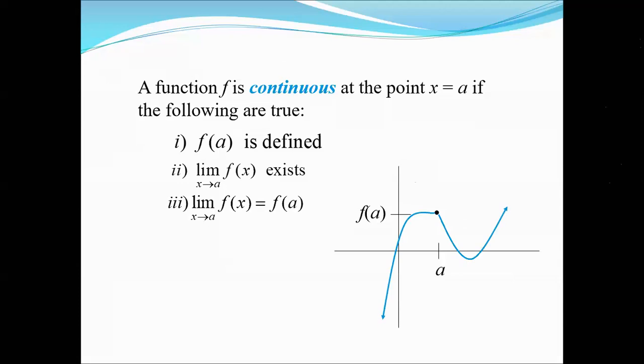The right hand limit and left hand limit are both finite and equal. And the limiting value of the function is equal to the value of the function at the point, that is, the limit as x tends to a of f(x) is equal to f(a). So graphically, the limiting value at a and the value of the function are the same.